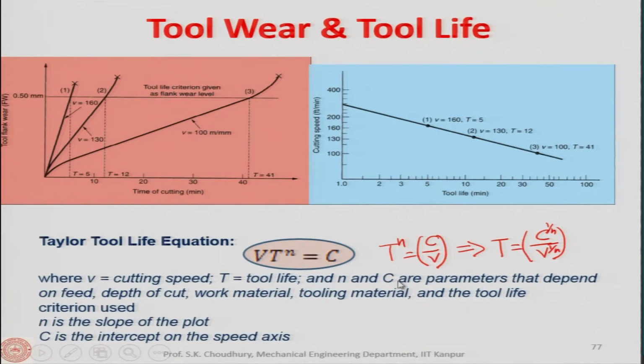Now, as you can see, the tool life shown by Taylor's equation is dependent on the cutting velocity only, because in this equation T is equal to C to the power 1 by n by V to the power 1 by n.